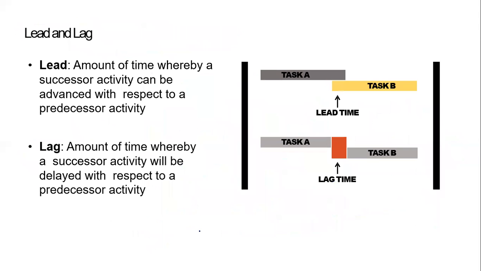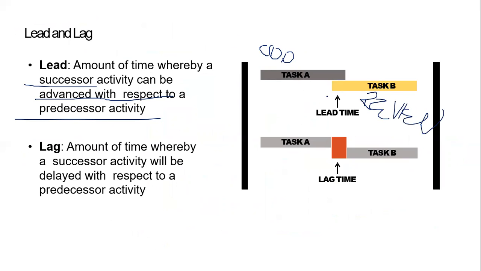Before going to that, let's look at the concept of lead and lag. Lead is something where the successor activity can be advanced with respect to the predecessor activity. So let's say my coding started from here, right? And this is, let's say, review. Let's say this is a 5 days activity, this is a 2 days activity.